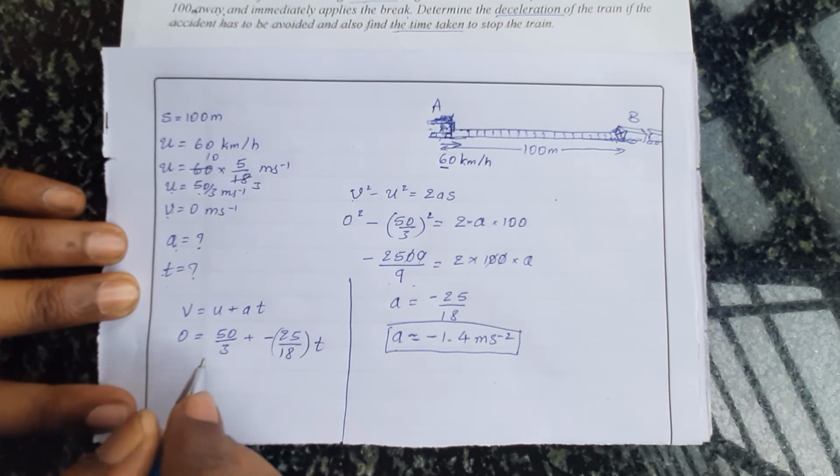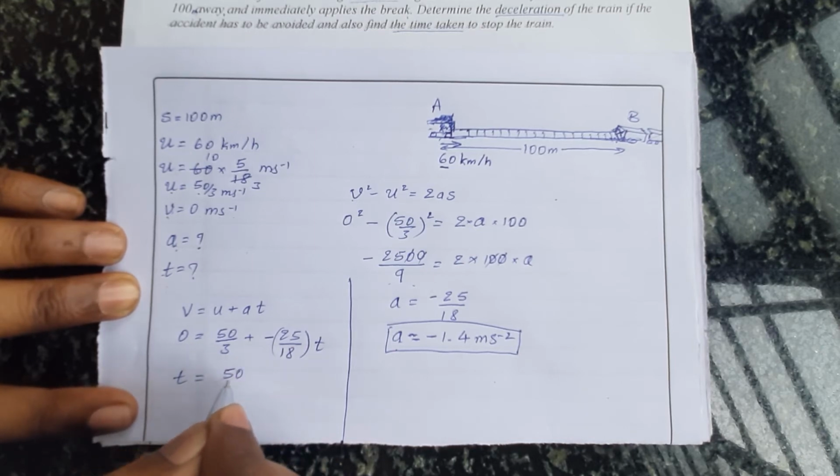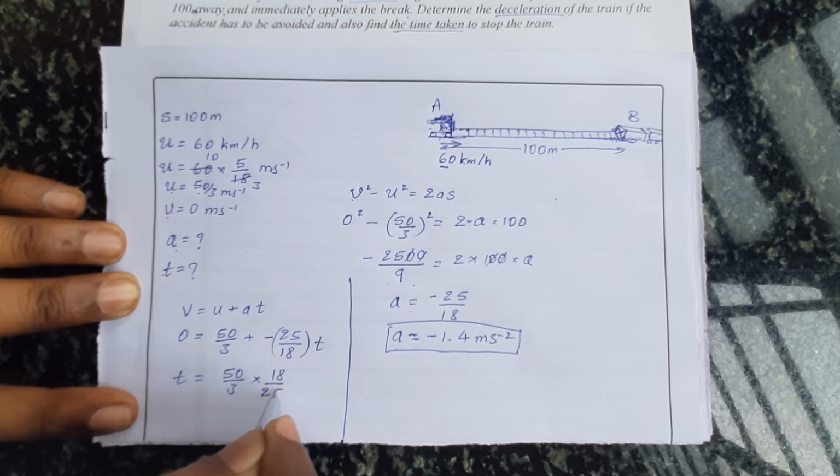If I send t to the other side, it will be equal to t is equal to 50 by 3 into 18 by 25, right?